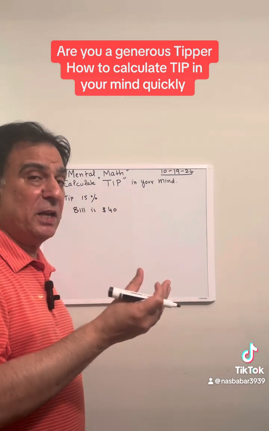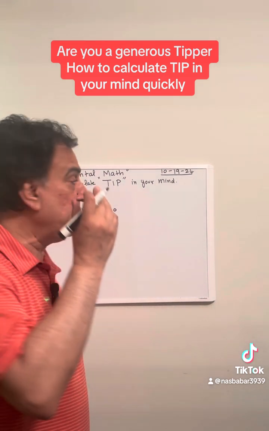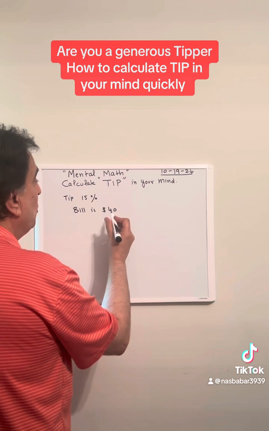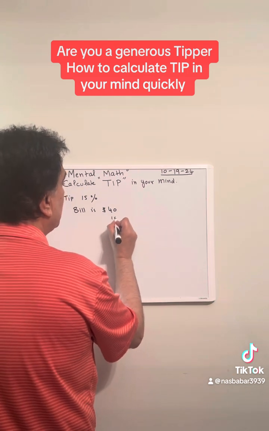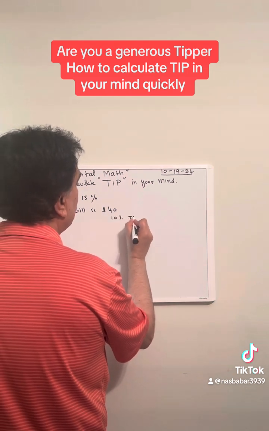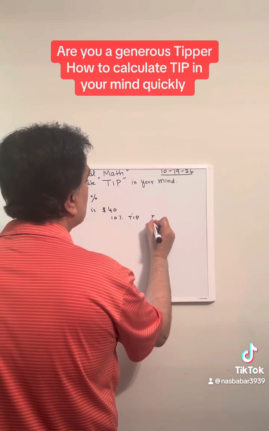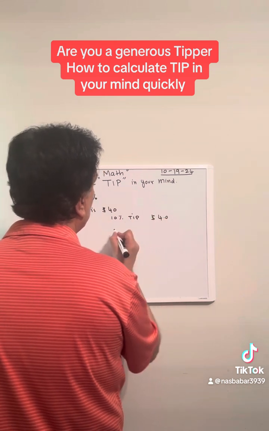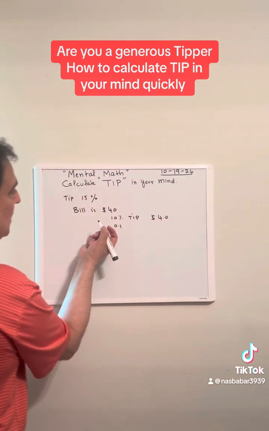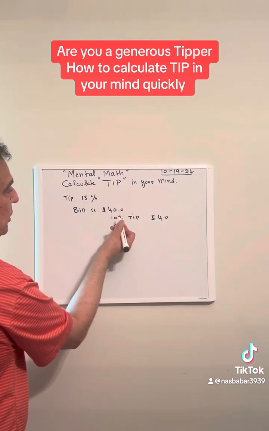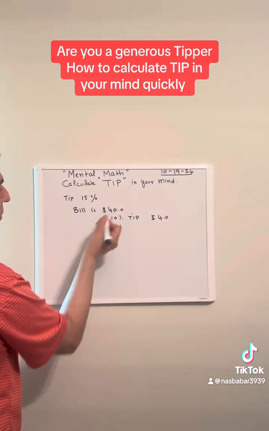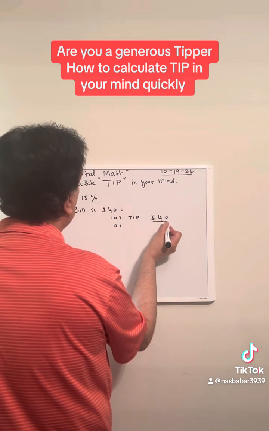What I would do is calculate the 10% of the tip in my head. So I know 10% of this right away in my head is $4. Because remember, we are shifting the decimal 1 to the left. So 10% is $4.